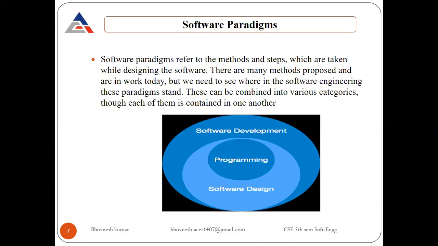First of all, you have to design, then code. That is software paradigm. It says that there should be a proper method and steps while making a design of any particular software.